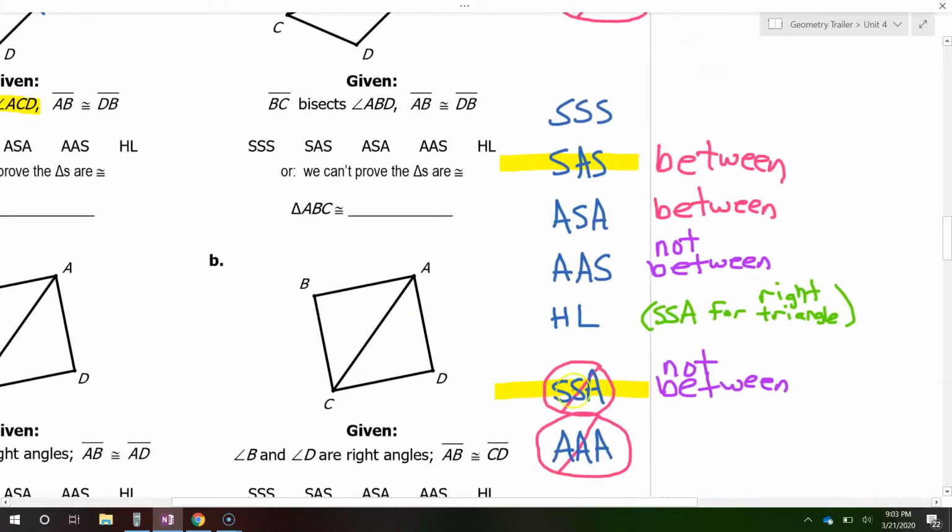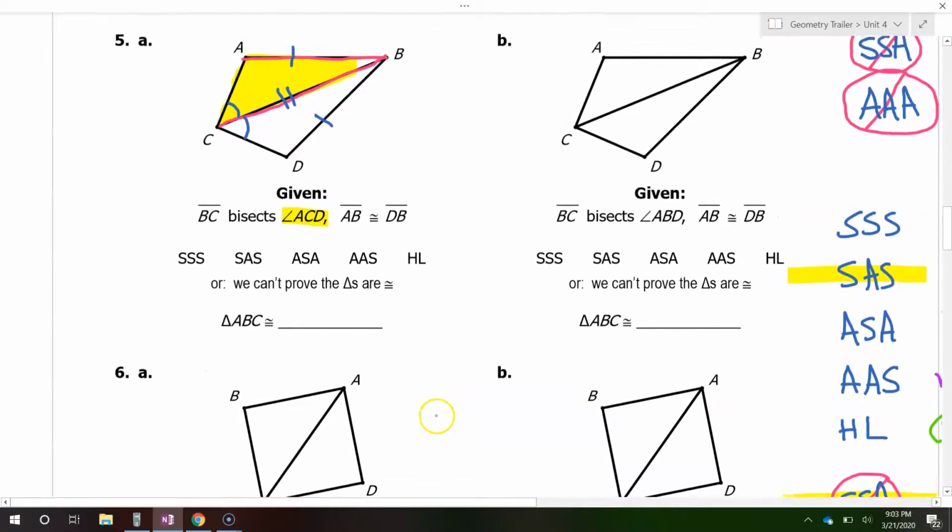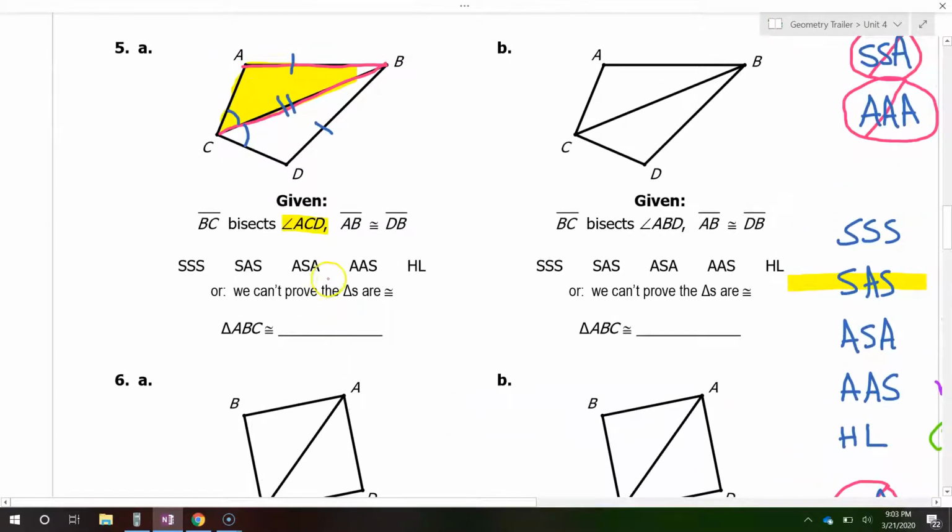If the angle is not between the sides, that means this is side-side angle, which proves nothing. So we're going to circle, we can't prove the triangles are congruent. And we're going to leave this blank. If the triangles can't be proven congruent, you cannot make a congruence statement.